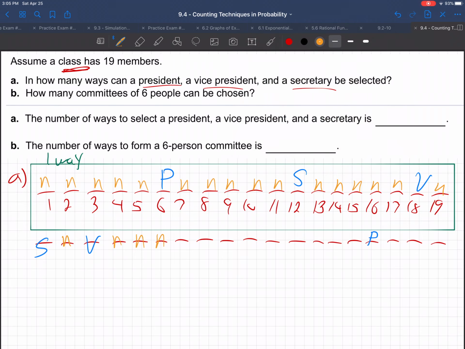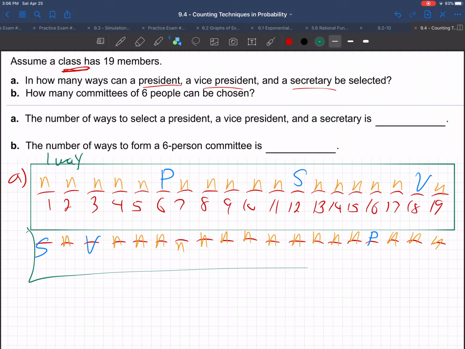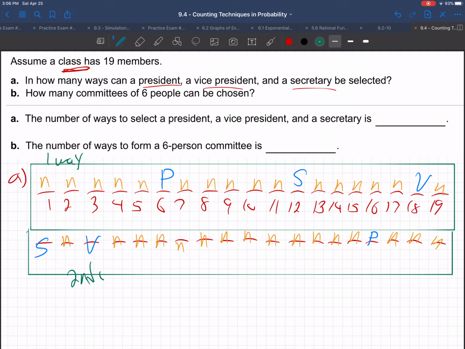Nothing, nothing, nothing... So there is a second way that I could do it. Well, that's kind of bad drawing there. So this is a second way, and etc. We want to know how many different ways this can be done. So I'm showing 2 ways out of the 19 class members I could pick a president, secretary, and vice president.